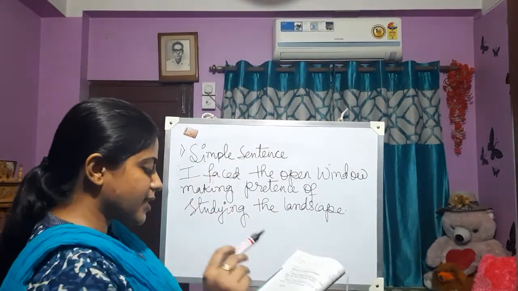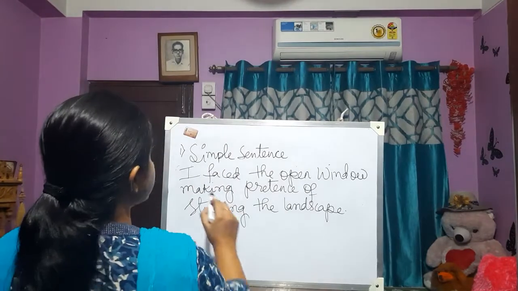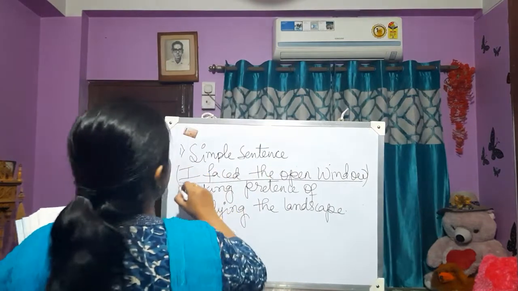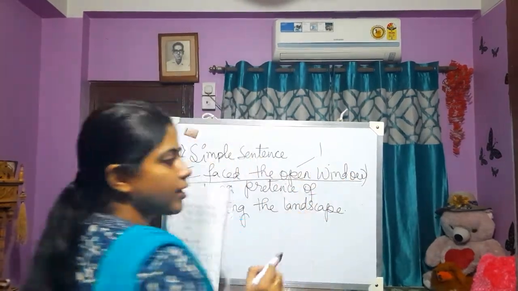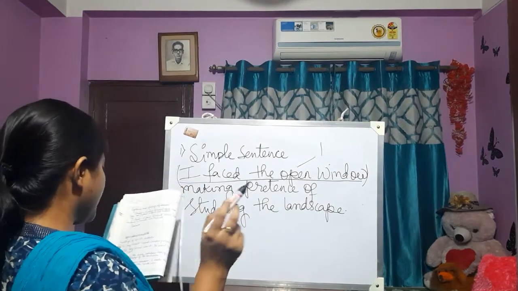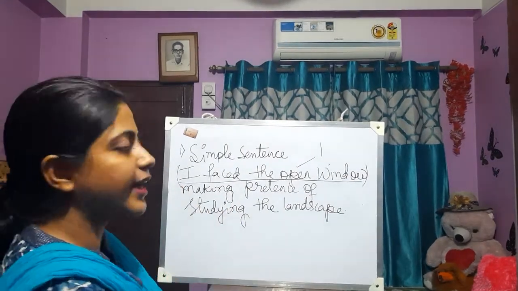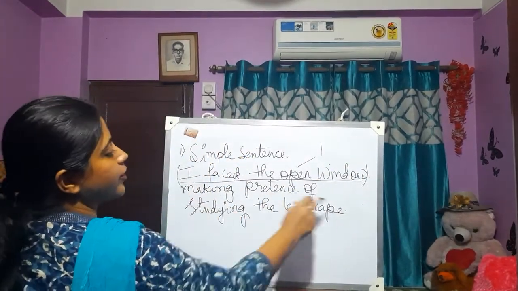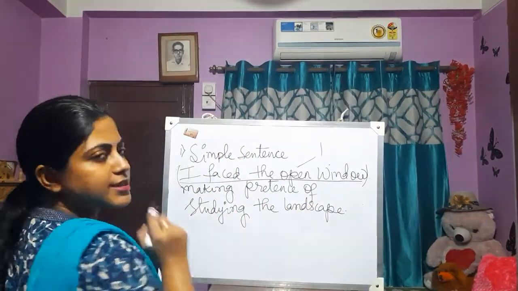"I faced the open window." This can be one sentence. And then "I made the pretense of studying the landscape." If this becomes one sentence, the remaining part is remaining. Now you cannot start it with "making."